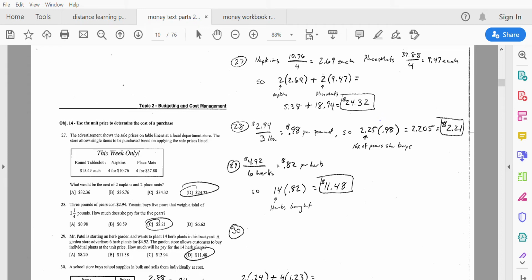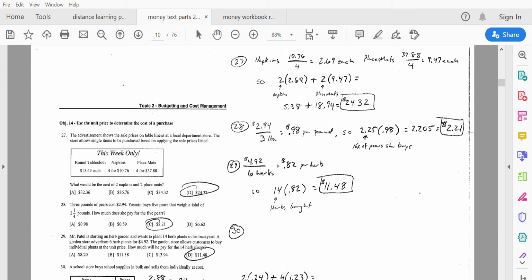The way that I got 2.25 is I changed this fraction to a decimal. So 2 is the whole number, 1 divided by 4 is 0.25. You take the 2.25 pounds times the 98 cents per pound. You get this decimal here, 2.205, which we round up to $2.21.